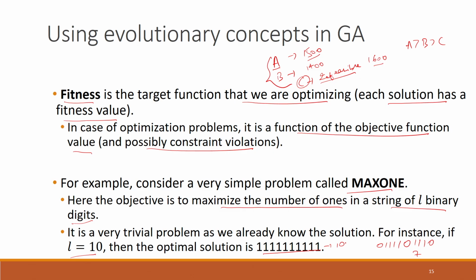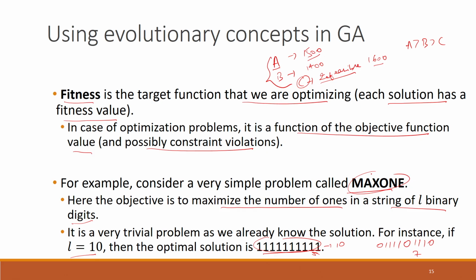Okay, now you might be thinking, why do we need a genetic algorithm to solve this simple problem, because we already know that this is the best solution. You cannot have more ones than this here. The reason being that this problem is just used to illustrate how a genetic algorithm works. We definitely are not in critical need of a genetic algorithm to solve this problem, as we know the optimal solution.